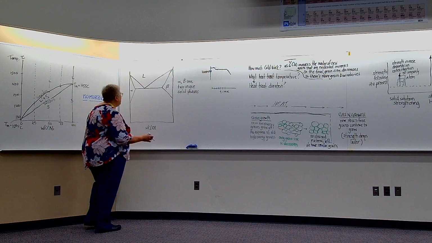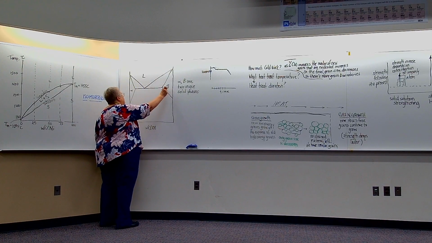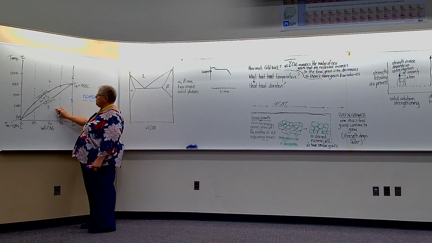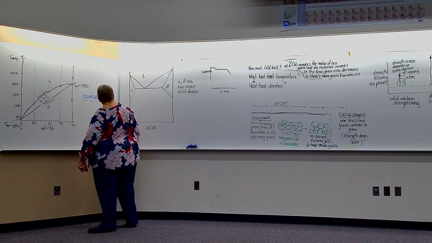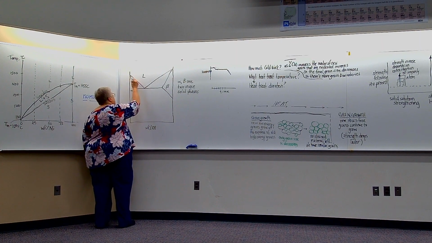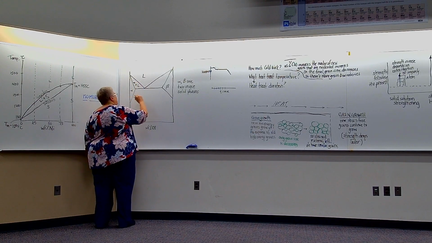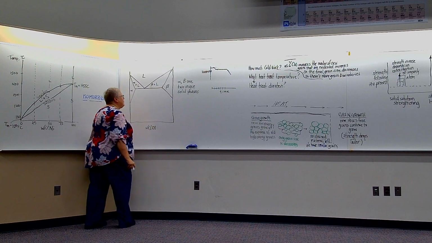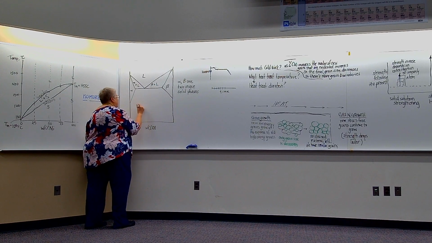And between each of these solid phases is a two-phase region. Just like here, between the liquid and the solid, there's a two-phase region. Here, there's a two-phase. So in this region, I have alpha plus liquid. And here I have beta plus liquid. And all of this area, alpha plus beta.